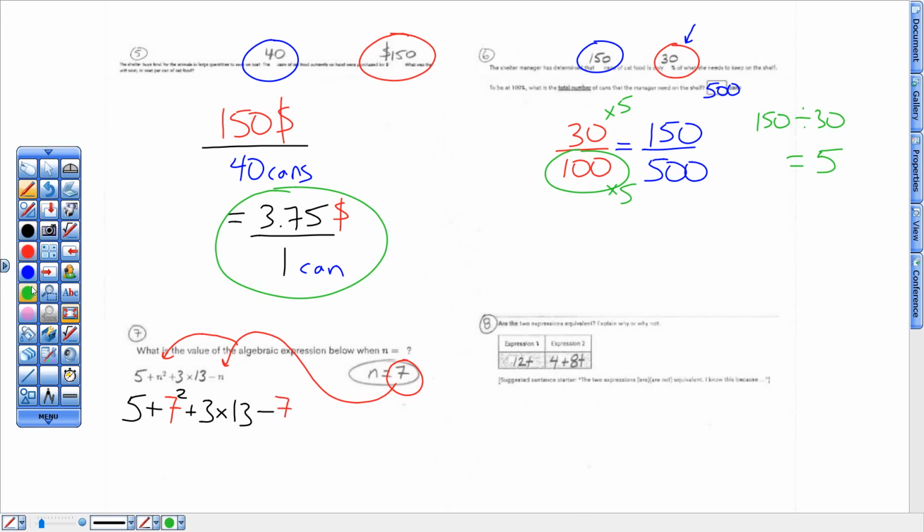Now do order of operations. Doing this power, get that 49. Use your calculator to times 3 times 13 correctly. That gives me 5 plus. Remember, never 14. That's the worst thing you could do right there, is get 14. That's 7 times 7, 49.